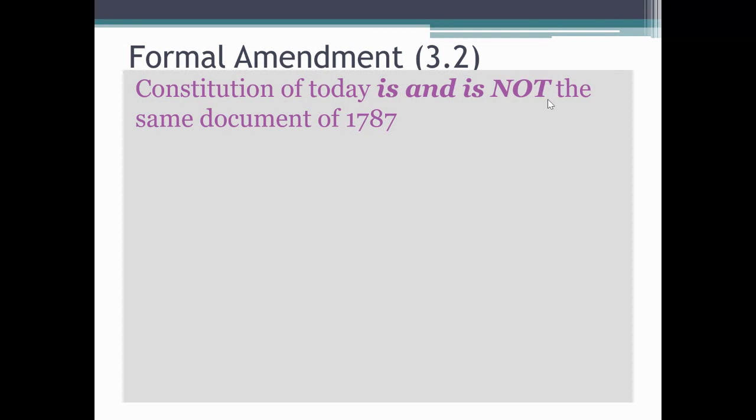Okay, so we're going to start and finish up our notes first. So if you have your note packet handy, we're going to be talking about how you change the Constitution. When you look at it, the Constitution is obviously the same, but yet it's a little bit different because of amendments.